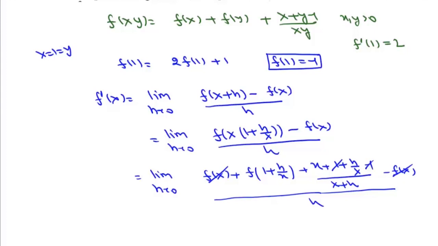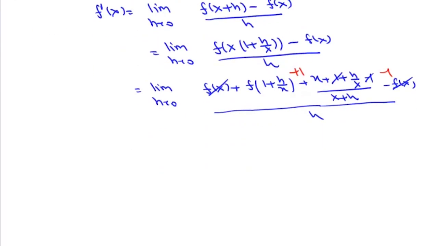Now what we'll do is, we'll add 1 and subtract 1. So we can write this as limit h tends to 0 of f(1 plus h by x), and we can write this plus 1 as minus of minus 1, and we know that minus 1 is f(1).